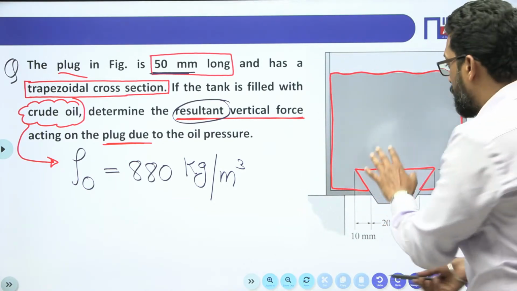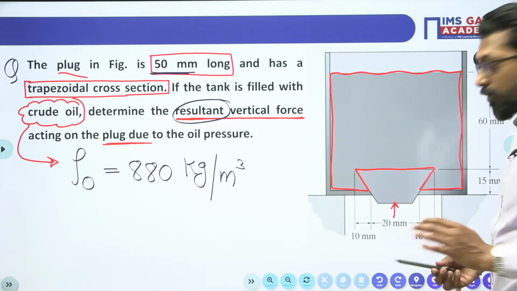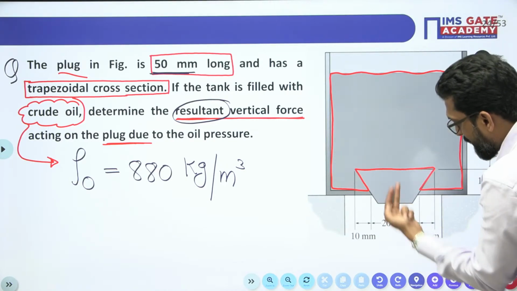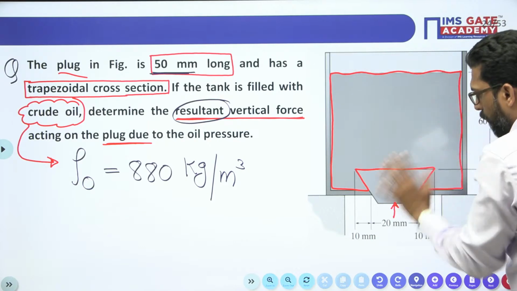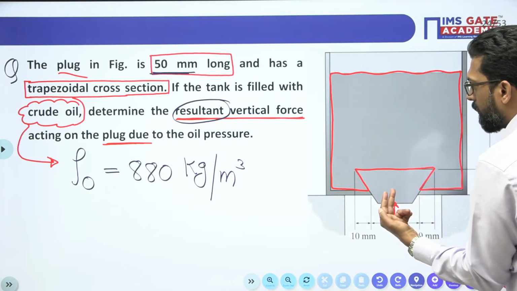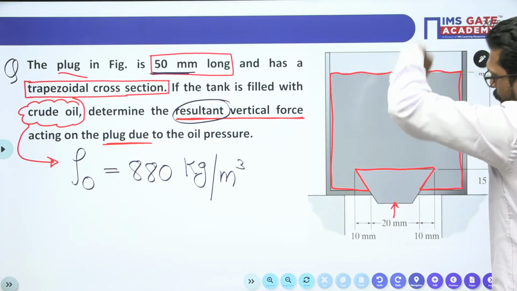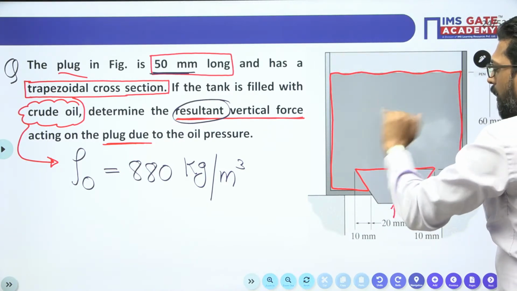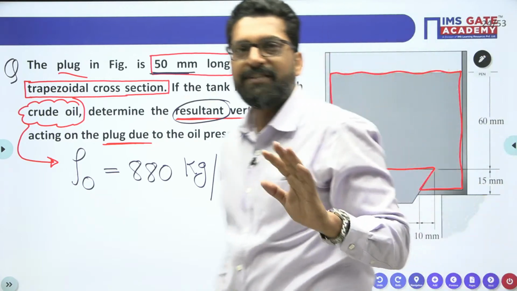This type of situation is practically used. So what pressure will be applied by the oil on the plug? This has to be known.